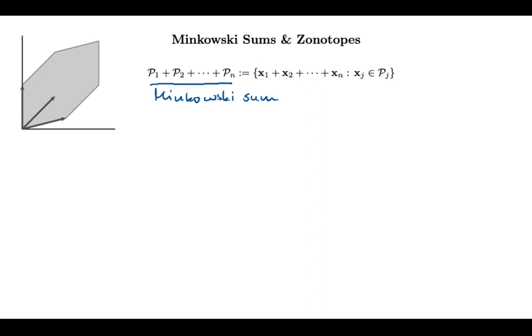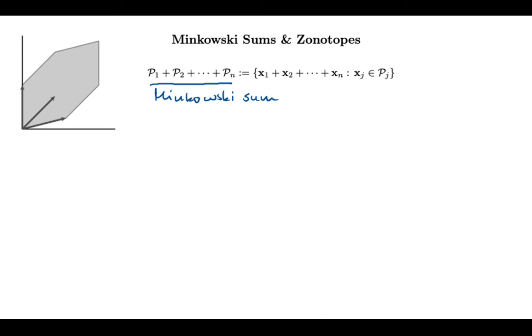So I think of my polyhedra as all living in the same space R^d, and now I'm defining their sum to be all possible sums of points xi living in Pi.